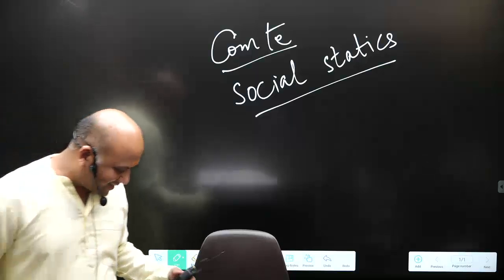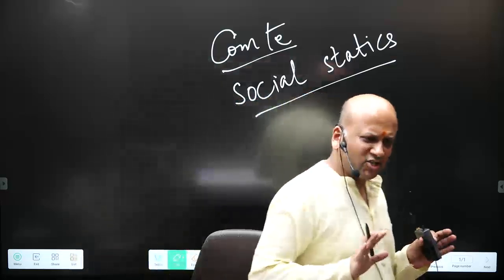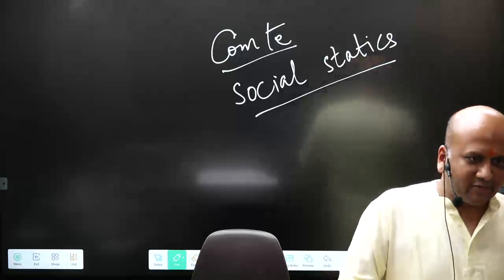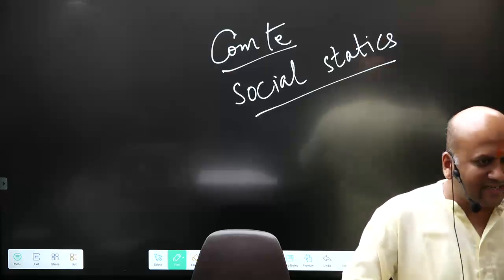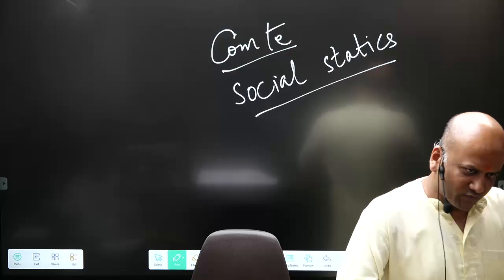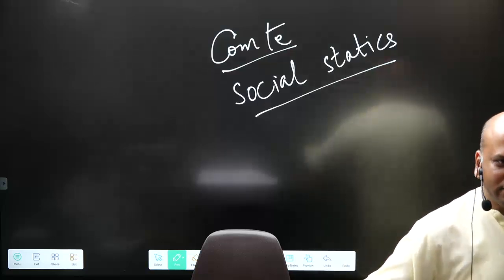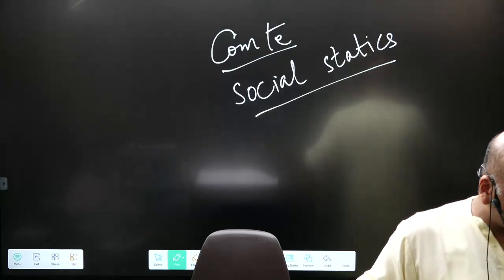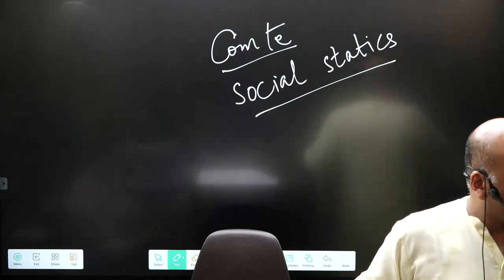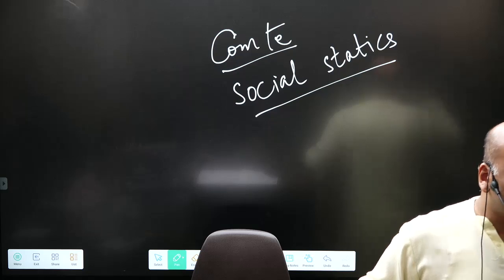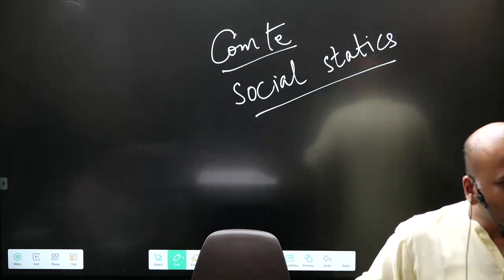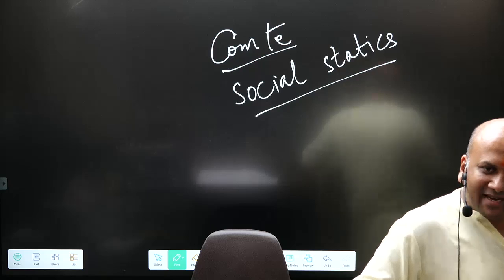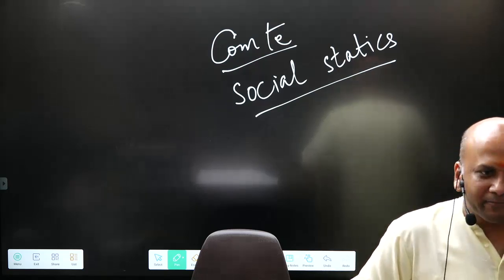What does the word statics indicate? Forget sociology, in English. Something unchanging, a certain constancy, something remaining the same as it was, is what we call static. So, Comte ji seems to be suggesting that sociology is the study of social statics. In other words, how things continue to remain as they are over long periods of time. Yes or no? How things remain as they have been.